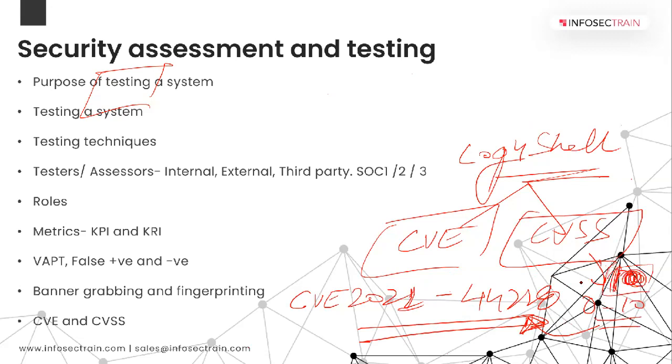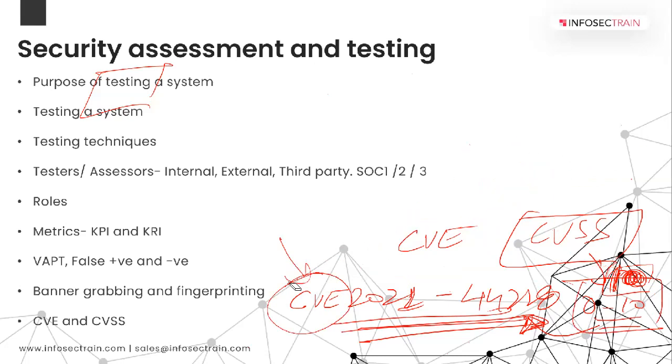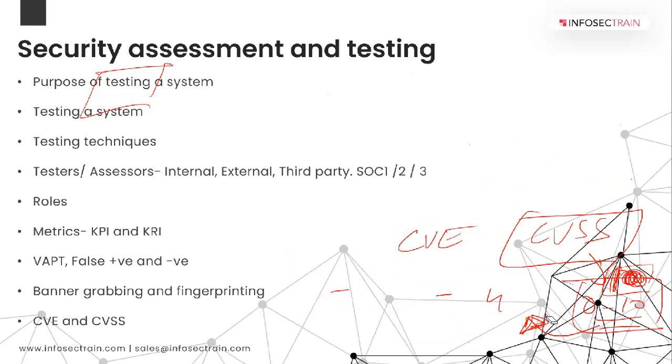That is why it was a theme, and because it was an open component which was used in just too many applications, because of the Log4j library being used in many applications. So that is CVE, your Common Vulnerability Exposure number, which is an identification number, and CVSS, Common Vulnerability Scoring System, which gives a rating to the severity of the vulnerability on a scale of 1 to 10.